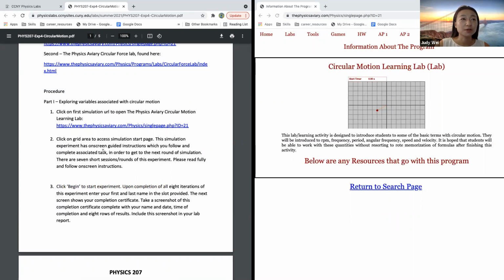The simulation experiment has on-screen guide instructions which you follow and complete the associated task. So basically follow their text here, follow their instructions here, and then they will get you to do a couple of experiments.